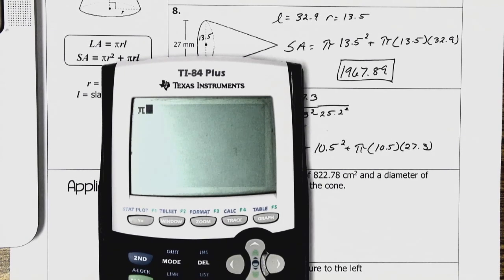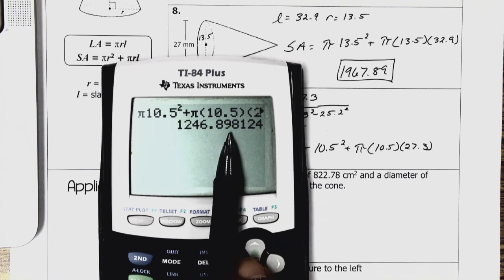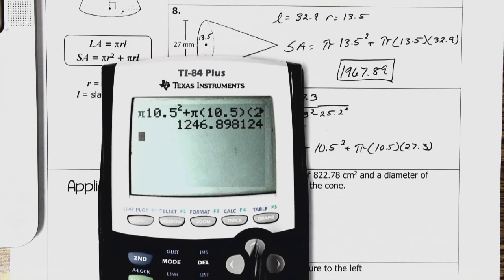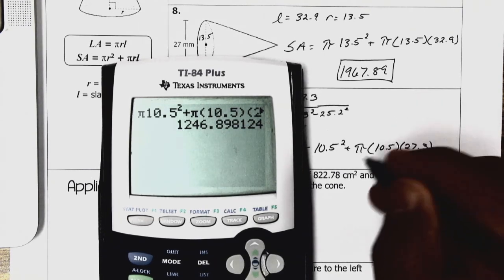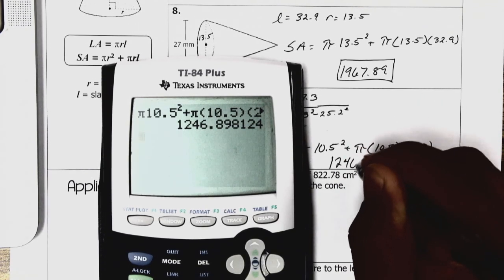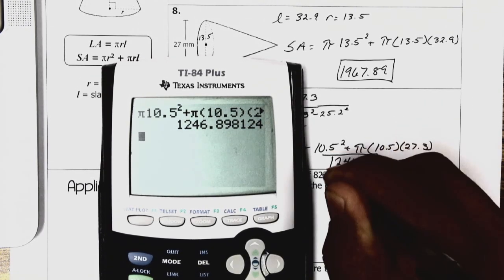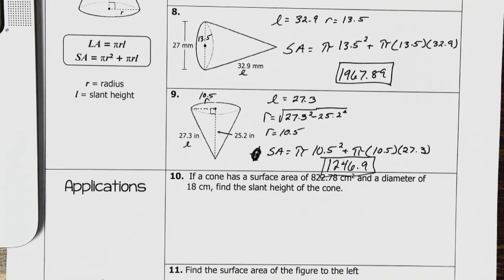So pi 10.5 squared plus pi times 10.5 times 27.3. So round to the nearest tenth. So this will actually round up to 0.9 because this 8 rounds up to a 0, which rounds this up to a 9. So 1246.9. There's your final answer. All right, so the last 3 examples I'll do in the next video.